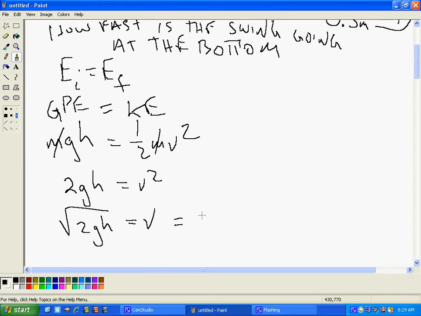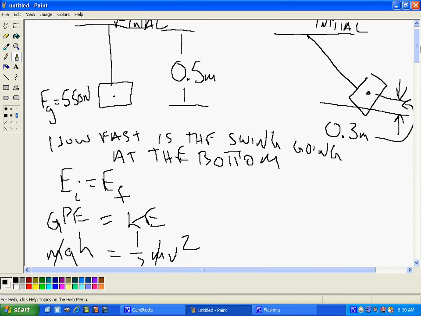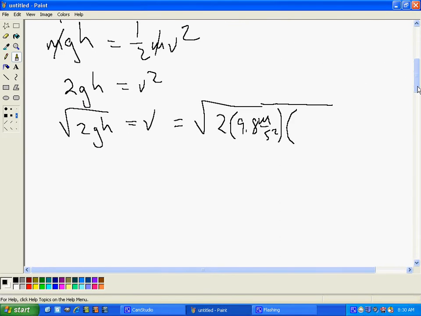Now that is going to equal the square root of 2 times 9.8 meters per second squared times a height. Now the height here is not 0.5, rather it was 0.3. That's the height by which it fell here. So we can do that here.